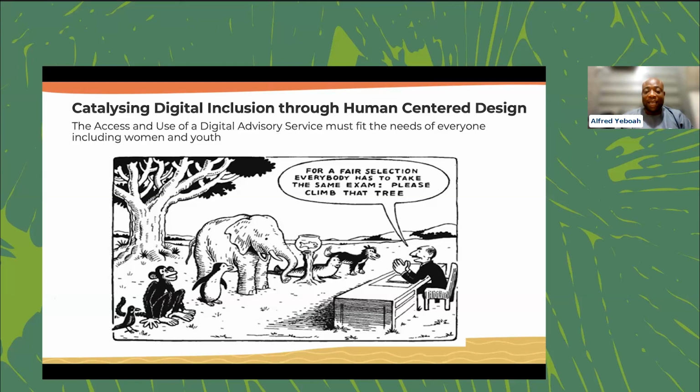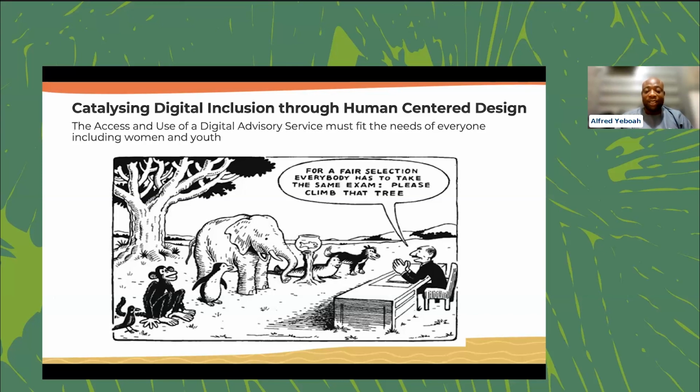As seen in this slide, other digital advisory services may have used an equality approach of asking all users to use the same digital advisory service while narrowing the available usage channels. The characters you see here are all being required to take the same exams.